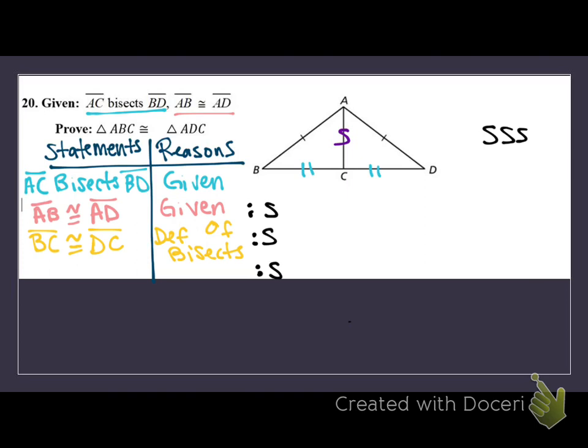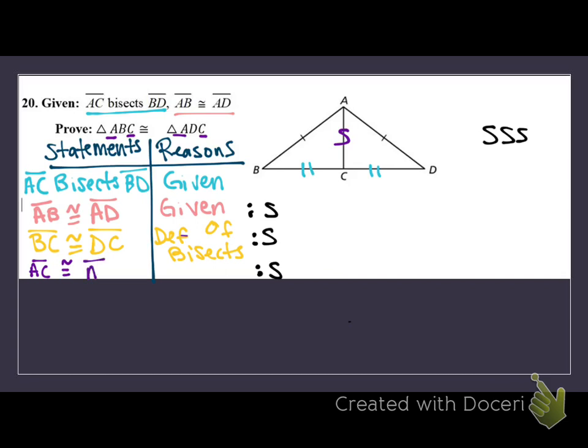And then our last side is the side they share, right? So this is when you have to figure out, when you write that AC is congruent, it's either congruent to AC or it's congruent to CA. So either these triangles are mirrors of each other or one is flipped. So are they mirrors or flipped? Mirrors. You can also see that in the congruent statement it says AC and it corresponds with AC.